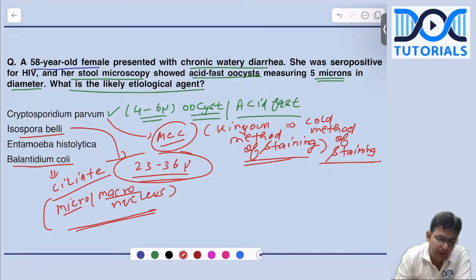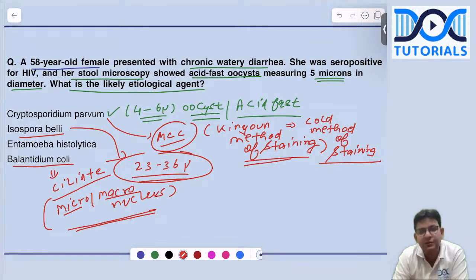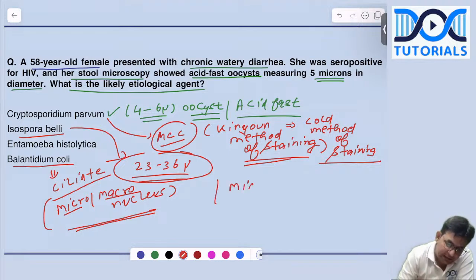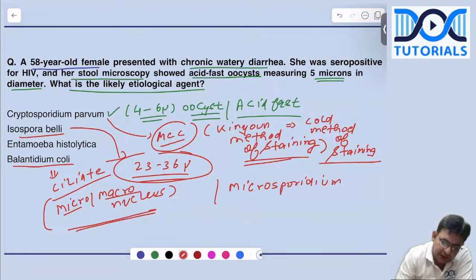Now, everybody knows about Cryptosporidium parvum, Cyclospora, and Cystoisospora belli. Everybody knows about them. But there is one more which can be asked in the exam, that is Microsporidium, Enterocytozoon bieneusi.